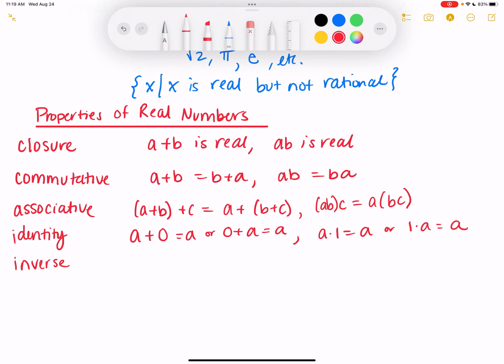Inverse. A plus negative a equals 0, or negative a plus a equals 0. And for multiplication, a times 1 over a equals 1, or 1 over a times a equals 1.